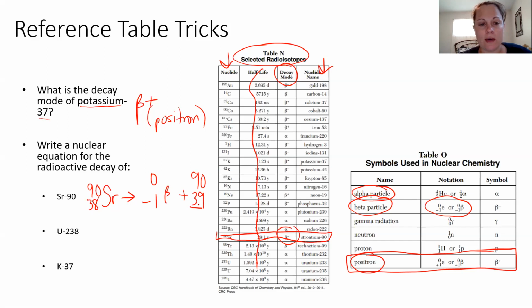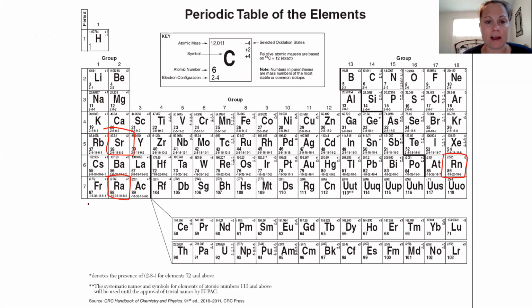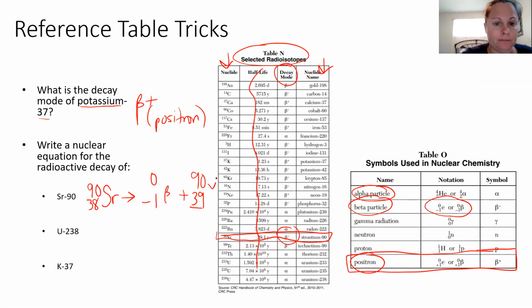Another way to look at that is by saying, okay, 39 and -1 gives me 38. To get my symbol, I go back to the periodic table and I find element 39, Y, and my new symbol is Y for yttrium.